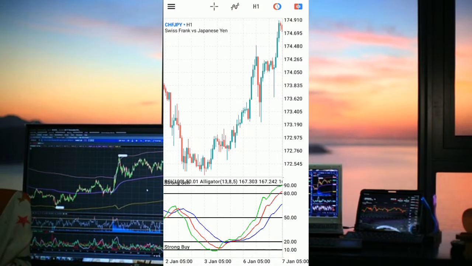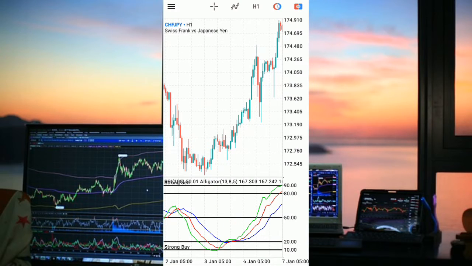After price broke that key level at that point, we can see we had a series of bullish candles over there, and then a series of bullish engulfing candles, and then we were going up. But I want us to check down here on the alligator.